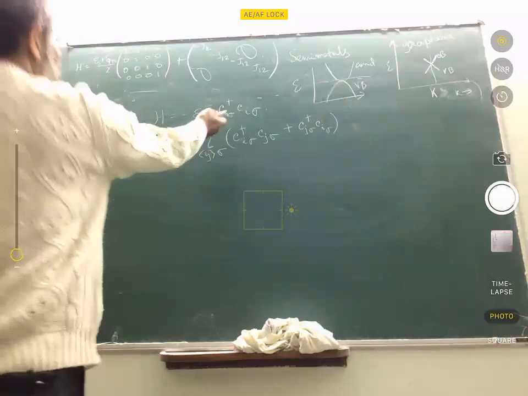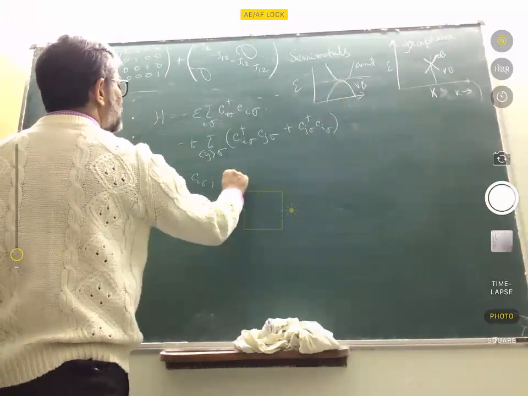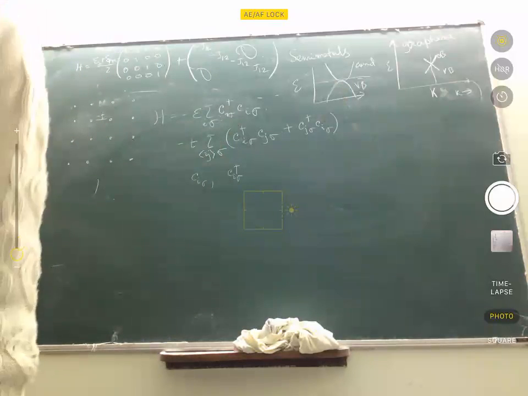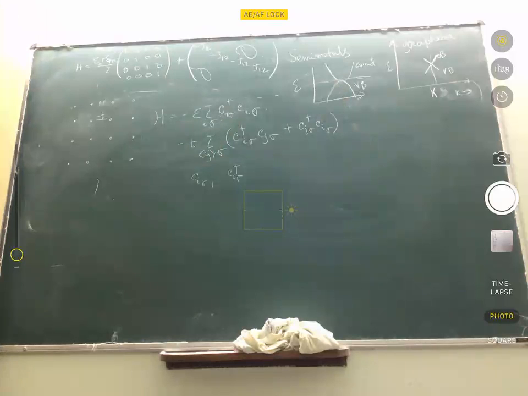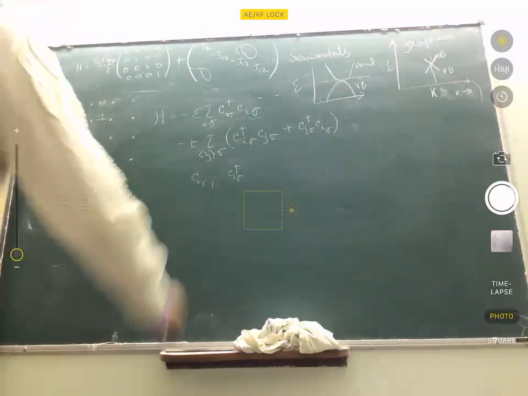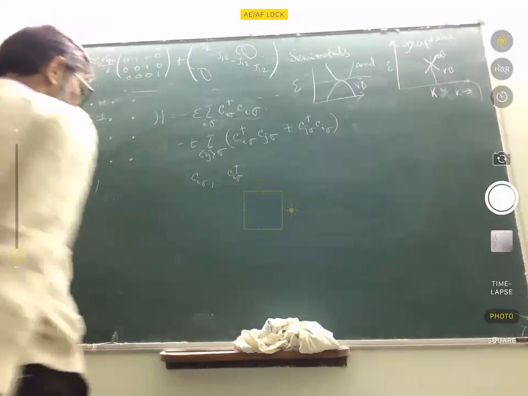So what is this term? This c_{i sigma} and c_{i sigma}^dagger are electron annihilation and creation operators on the site i. And therefore, this is a number operator, an operator for the number of electrons. This is the annihilation operator. This is the creation operator.